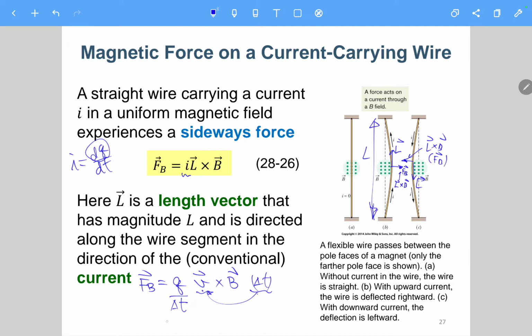So this thing is like I, and v times delta t is like L. So finally it becomes I times L cross B. So I would say this is something like the Lorentz force.